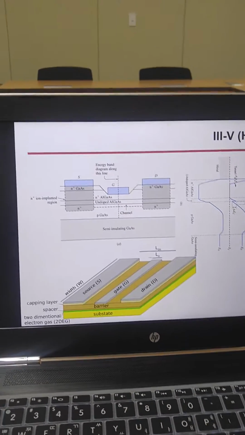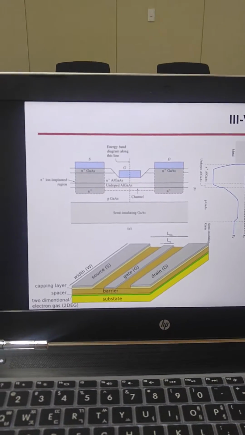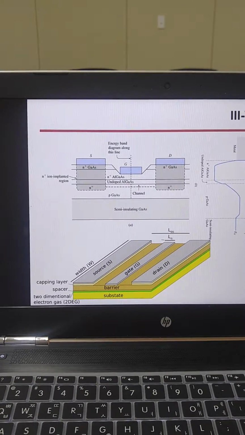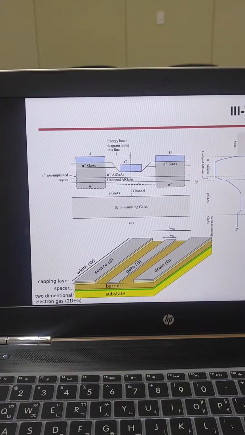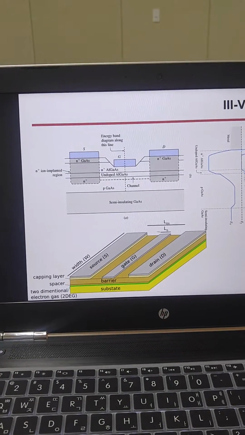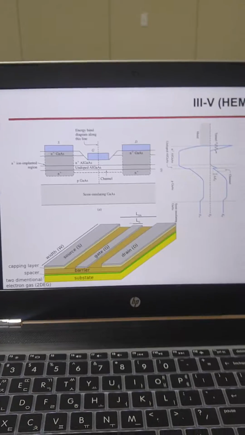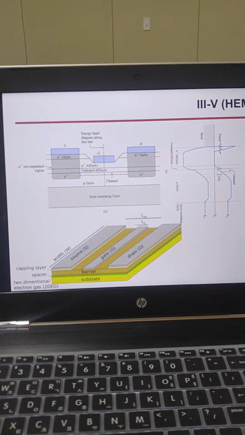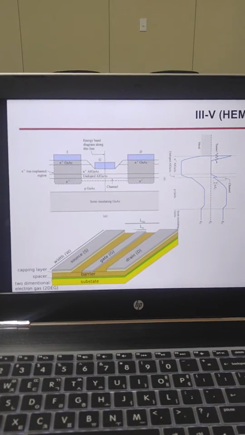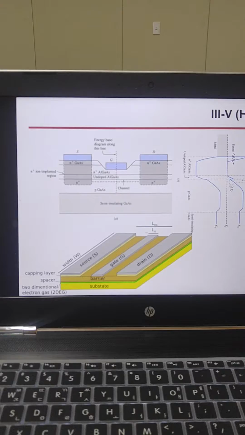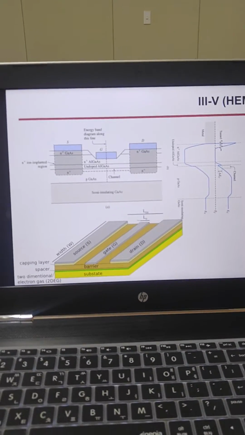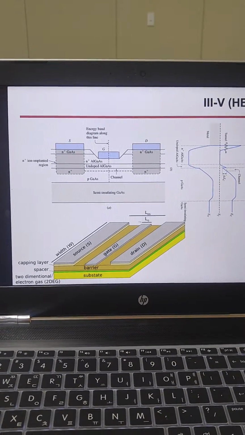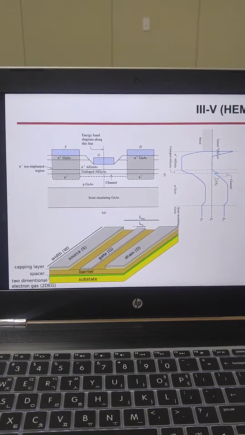And for III-V, which we also call HEMT, it has advantages. First, its mobility is very good and very fast, so we usually use it to solve the velocity saturation issue. But it also has several disadvantages. Its interface is very bad, and its dielectric material is very hard to make.